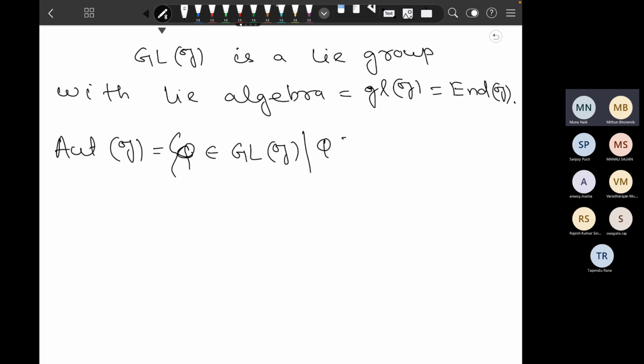That means phi of [x,y] is really the Lie bracket of [phi x, phi y], and this happens for all x, y.